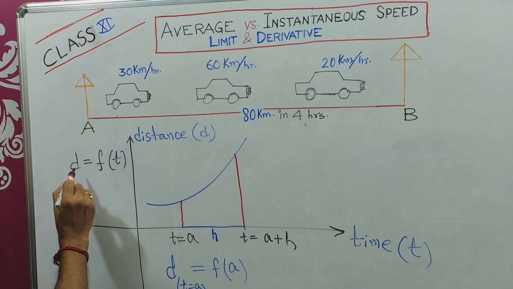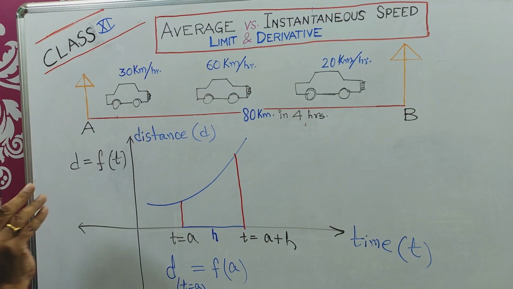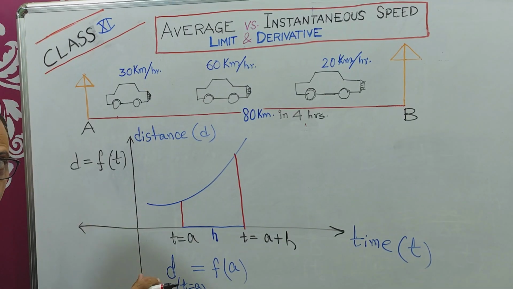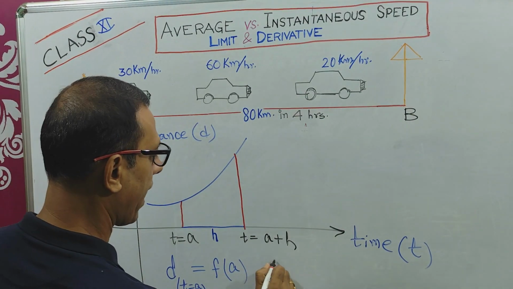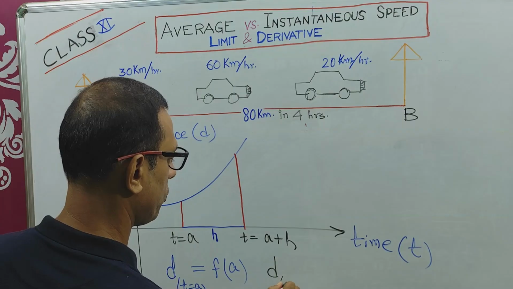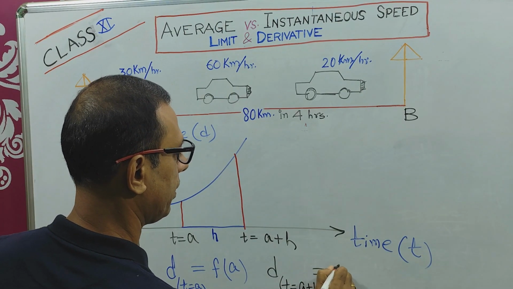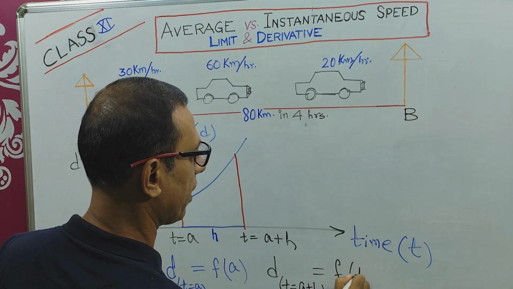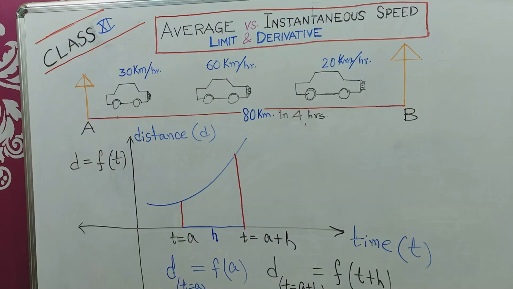So if distance D is a function of t, at t equals a, what is the value of distance? Because I am not considering a limit here, it is just the value of the function at a given point. So D equals f(a). Now D at t equals a plus h will be f(a plus h), right?